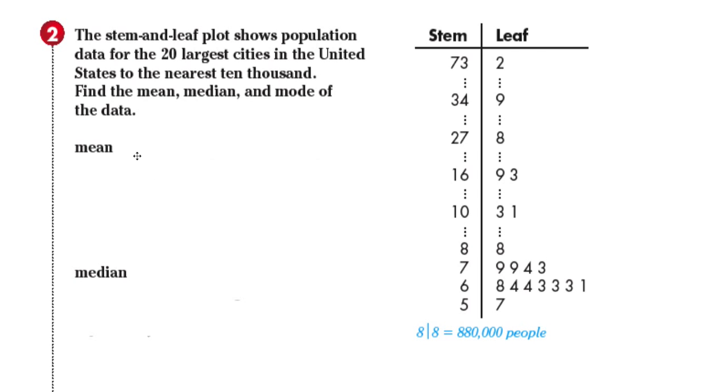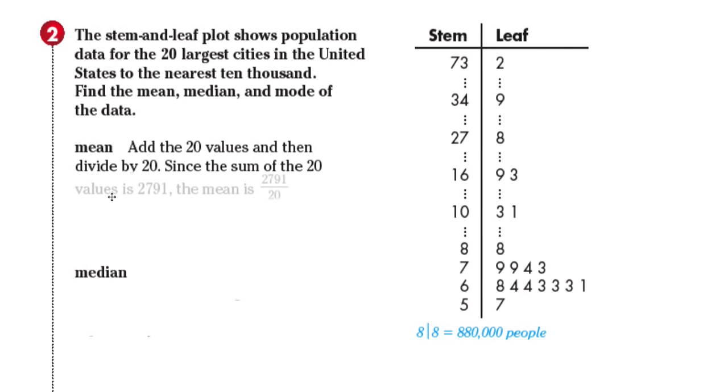Okay, let's move on to what we need to do. Find the mean: add the 20 values, and then divide by 20. Since the sum of the 20 values is 2,791, the mean is 2,791 divided by 20, or 139.55.